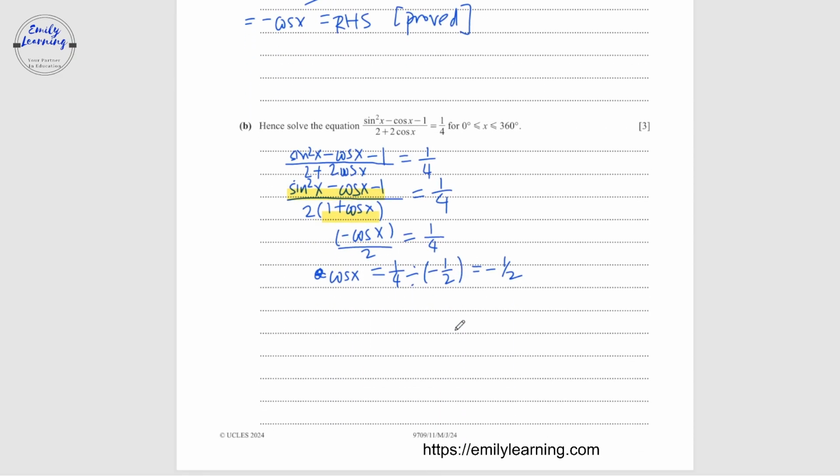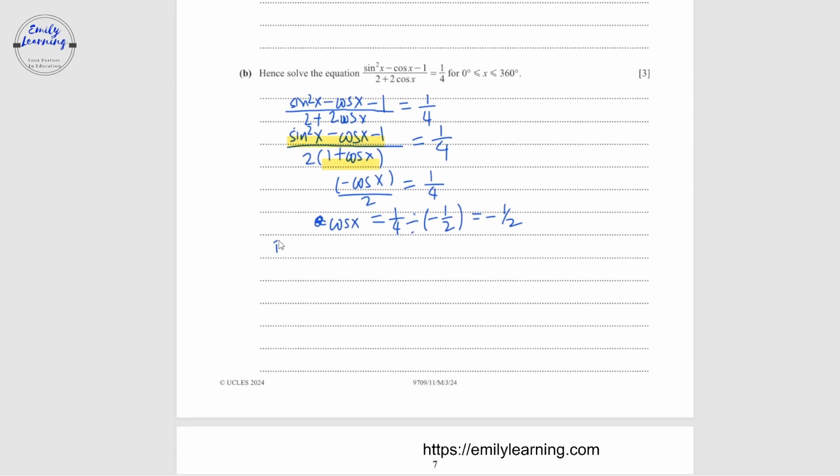So next, what I need to do is find the basic acute angle of x. When we find the basic acute angle, we do not use the negative, we just use this. And this should give us 60 degrees. Next, I know that this is negative, so ASTC. When is cosine negative?